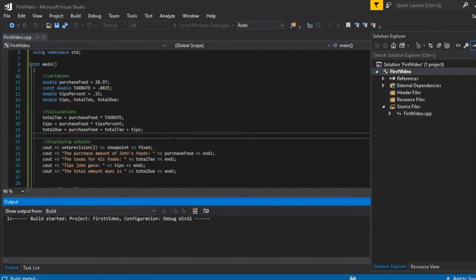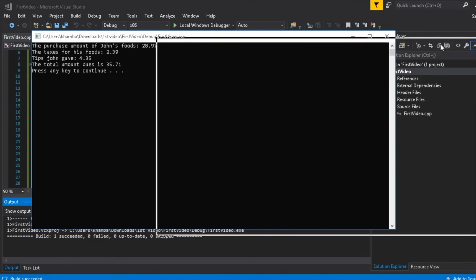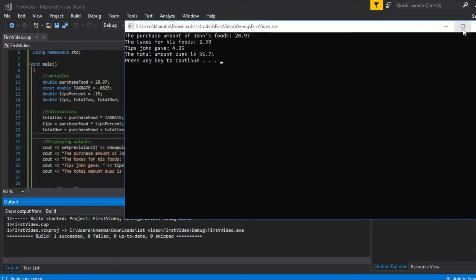It should give us only 2 decimal points. Like I said here, it's 28.97, 2.39, 4.35, 35.71. Everything looks good, and I did the math by myself on the calculator, and these numbers are correct.